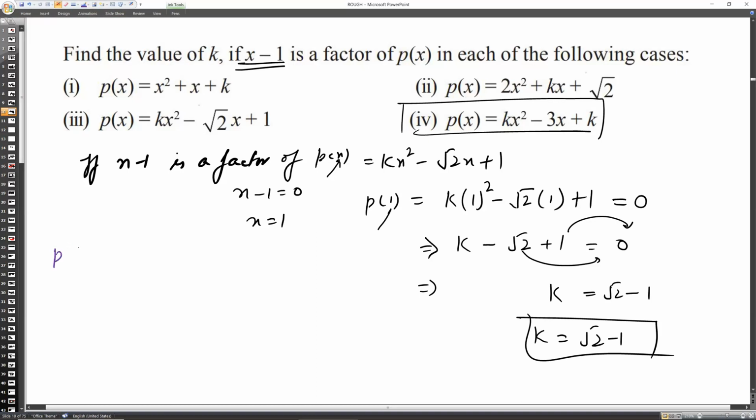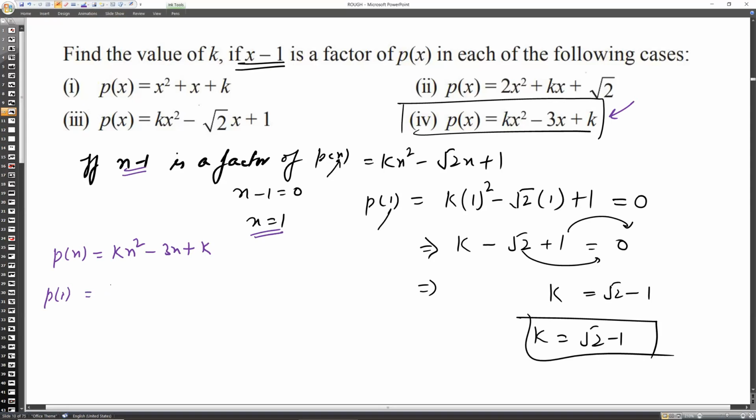So if it is given that p(x) equals kx square minus 3x plus k, then again it is saying that x minus 1 is a factor of this one. So if you put x as 1, because x minus 1 is a factor, again you get the value of x equals 1. Now put that value here.